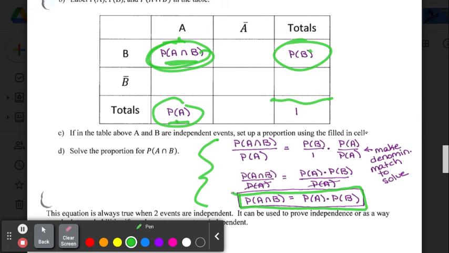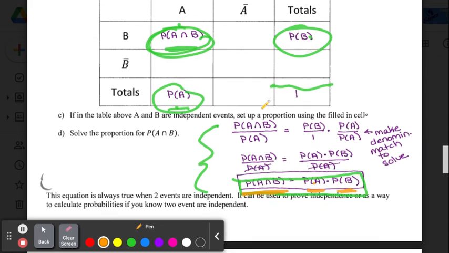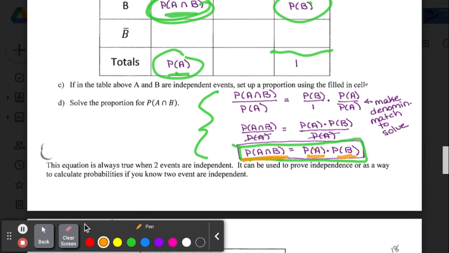So the probability of both, the probability of A and B, is equal to the probability of A times the probability of B. So this is another way we can test to see if something is independent. Probability of both equals the probability of A times the probability of B.